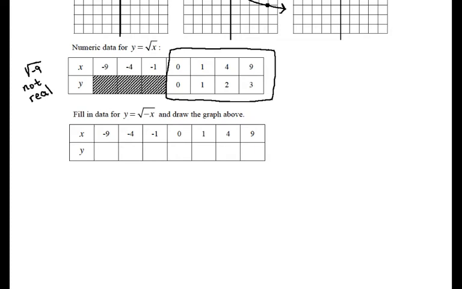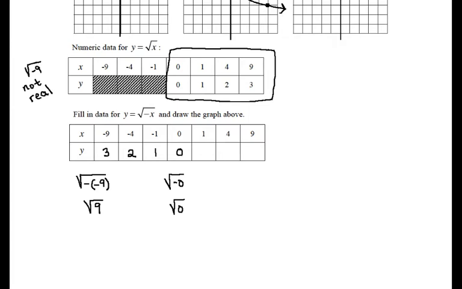This time I have x is -9 and y is the square root of the opposite of -9. Because the minus sign is inside the square root this time, they do cancel each other out in a sense, right? The opposite of a negative is positive. And so this one is defined. This is 3. The same thing happens with all of the negatives. This becomes 2, this one becomes 1, and of course the square root of the opposite of 0 is the same thing as the square root of 0, which is just 0.